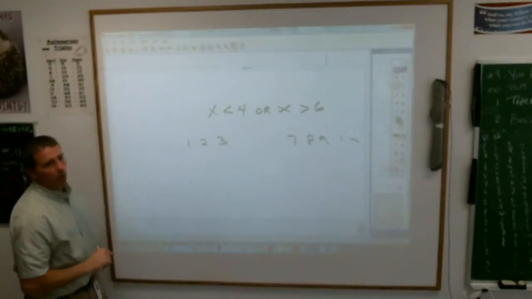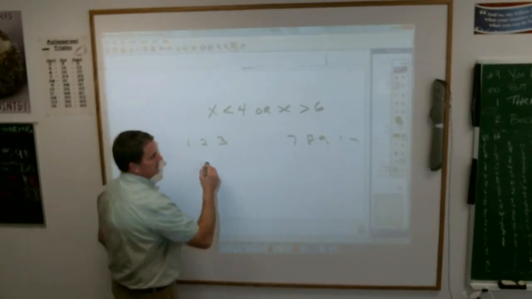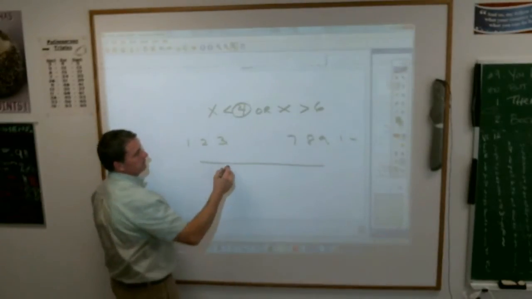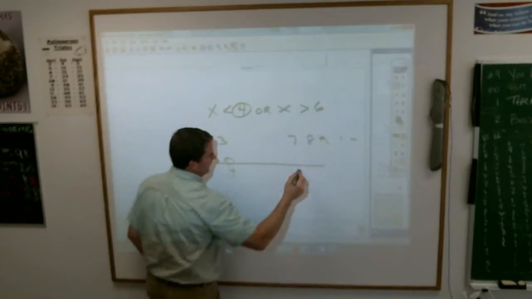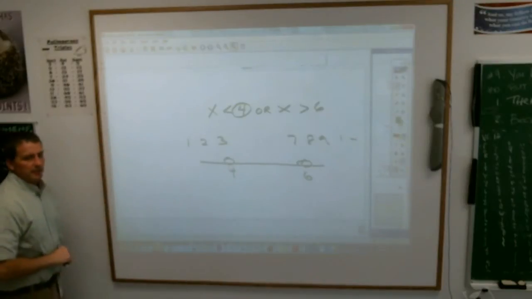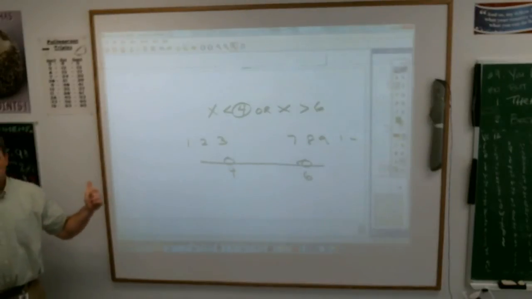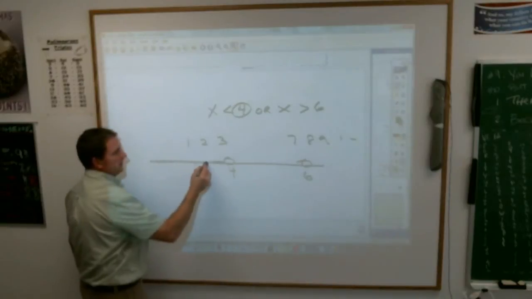When it is an or inequality, when you graph it, the same thing is true. There's going to be a dot at 4, and there's no equal sign, so it's an open one. There's going to be a dot at 6, equal to. But or inequalities don't converge, they go opposite ways, because it's anything that goes this way.